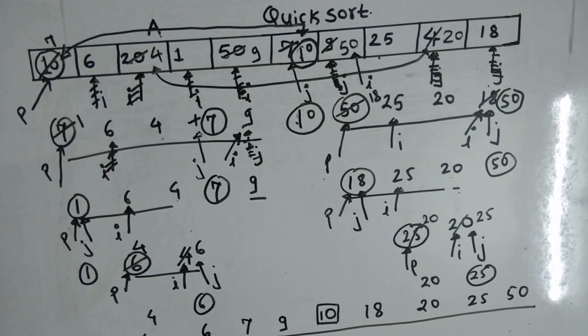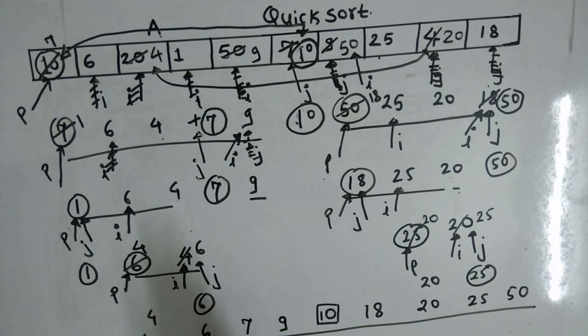So if I just summarize what we did, we start with the first element as pivot, search the elements from left hand side which are greater than pivot, and search the elements from the right hand side which are smaller than pivot, and swap them. So continue this procedure till i and j cross each other. Once i and j cross each other, swap pivot with j, right?